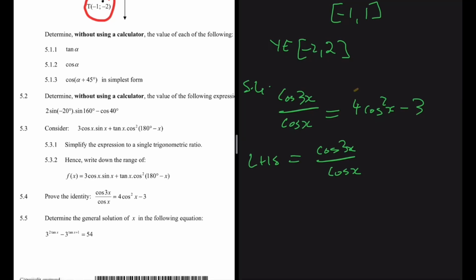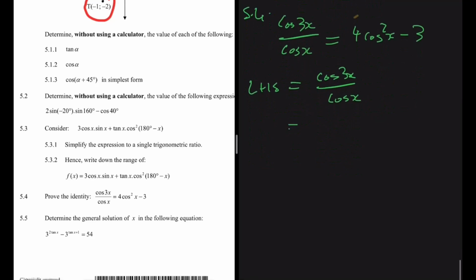So there isn't so much manipulation we can do to cos of 3x. So instead, let's say cos of 2x plus x. And then we can divide all of that by cos of x. So now it should be clear that we can play around with cos of 2x plus x because we know that there's something special about that.